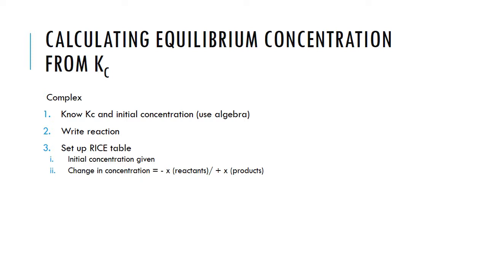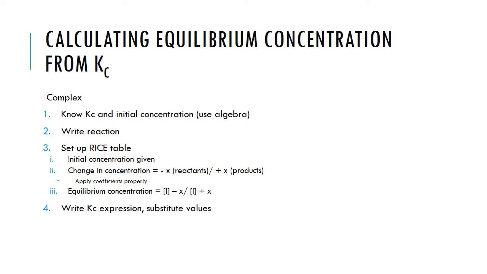And make sure you're still using the mole ratios appropriately, which is right there. Apply your coefficients. Therefore, your equilibrium concentration becomes your initial concentration minus x for reactants and your initial concentration plus x for your products. Write the Kc expression, substitute the values, solve for x.